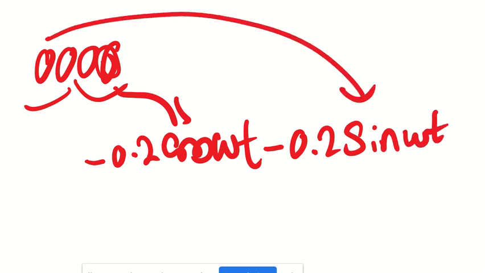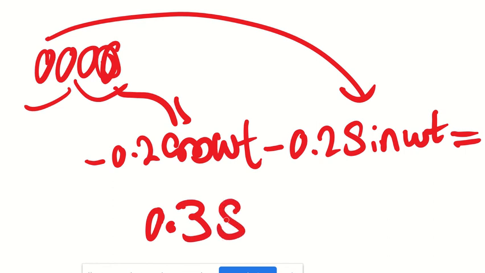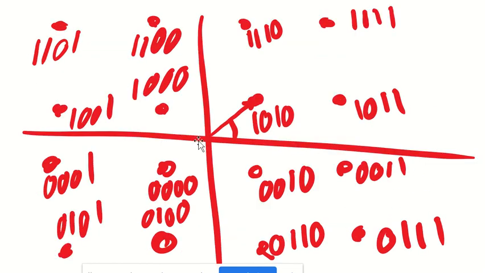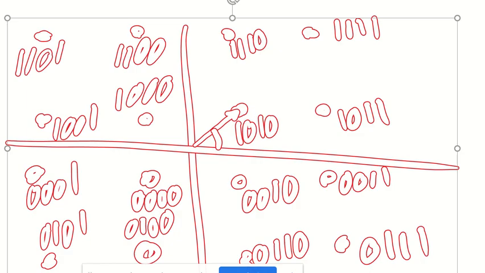So you're sending this. And if you do the math and add them and use trigonometric identities, at the end you get something like this, for example, sine of omega t minus 135 degrees. So if you come here, that will be this signal.